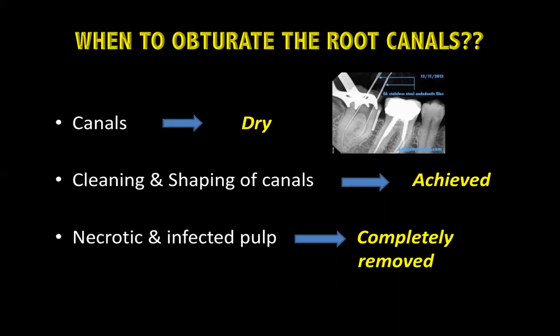That means the canals have been cleaned of the necrotic infected debris, the smear layer has been removed from the canals, and the canal has been shaped according to the gutta-percha point shape. When all this is completed, and the patient complains of no symptoms at all, and the canals are completely dry, then is the time that we can obturate the canals.